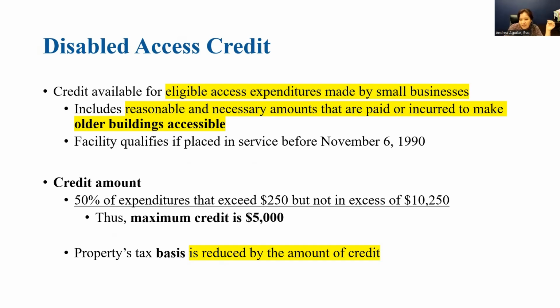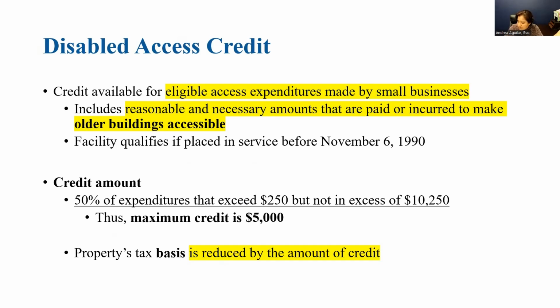An example, let's say that your expenditures are $7,000. The credit amount will be 50% of the expenditures that exceed $250. So you have to reduce 7,000 minus 250. 6,750 is the amount of the expenditures, but the credit would be 50% of that.